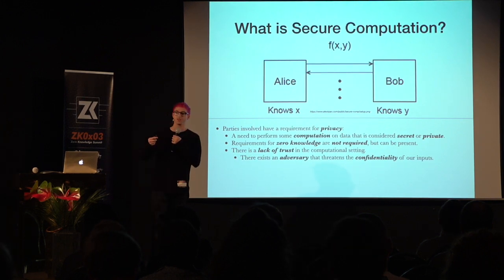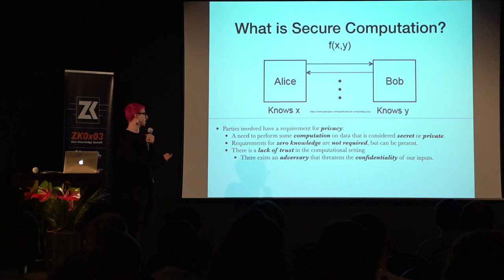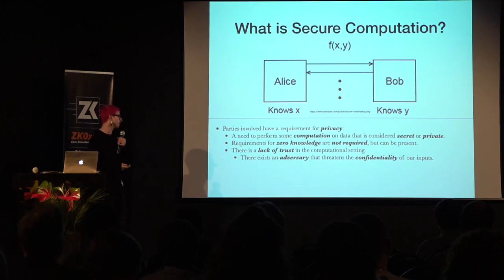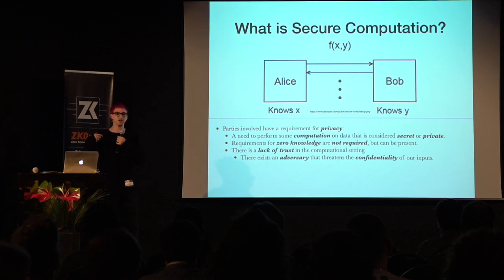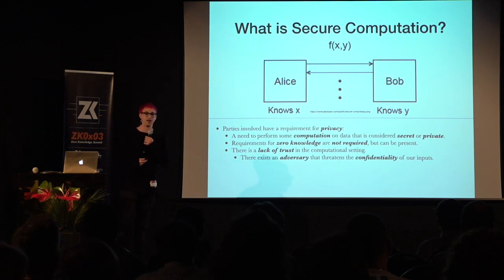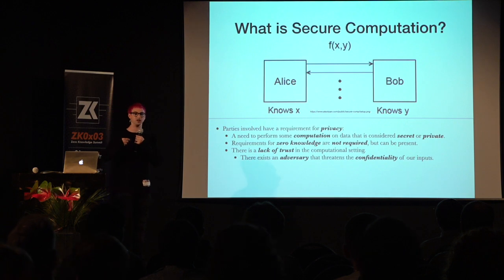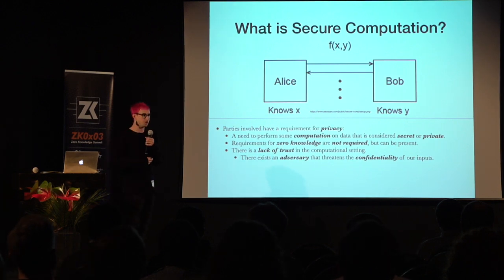Typically in a secure computing environment, there is a lack of trust in the computational setting, whether it's a network-level adversary, a computational adversary as in the person doing the computation, or maybe you don't trust the hardware that the computation is actually being performed on.